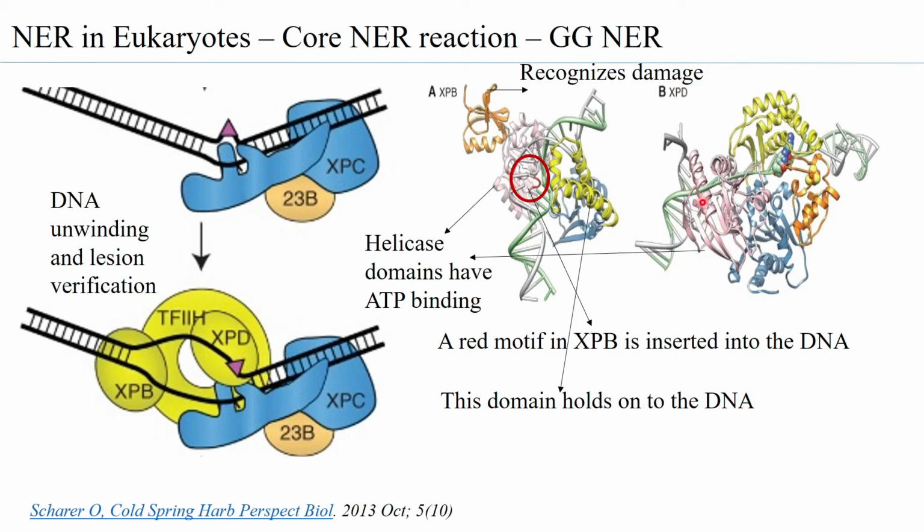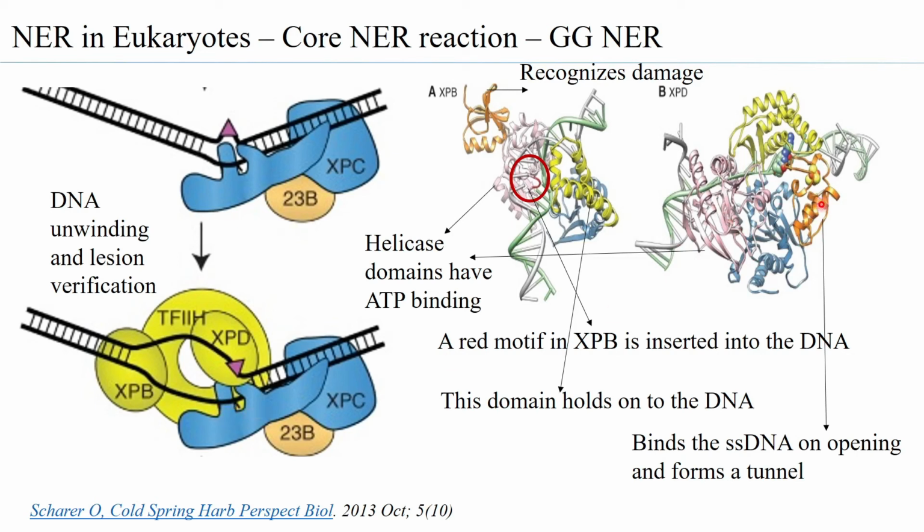So the same is observed with XPD. You have a domain that has the helicase and the ATP binding regions. You have a domain that can bind to the duplex. But what is interesting to note is that it has a domain that can bind to single strand DNA on the DNA opening.